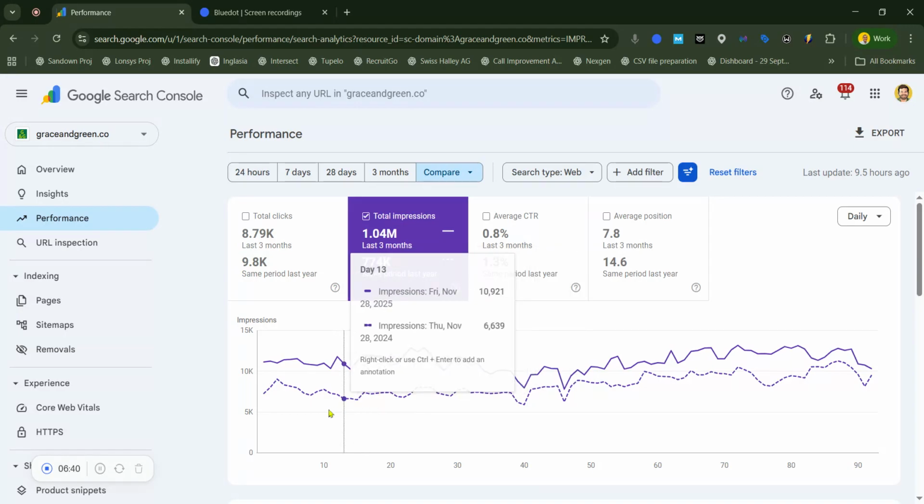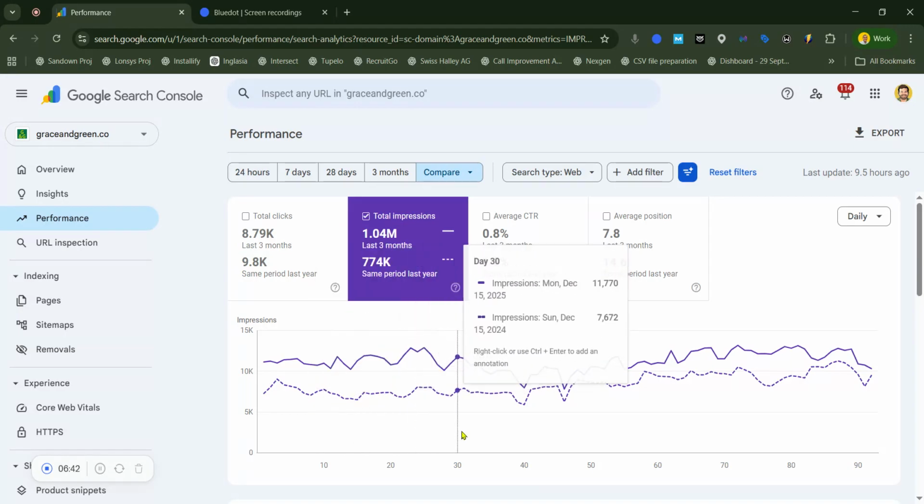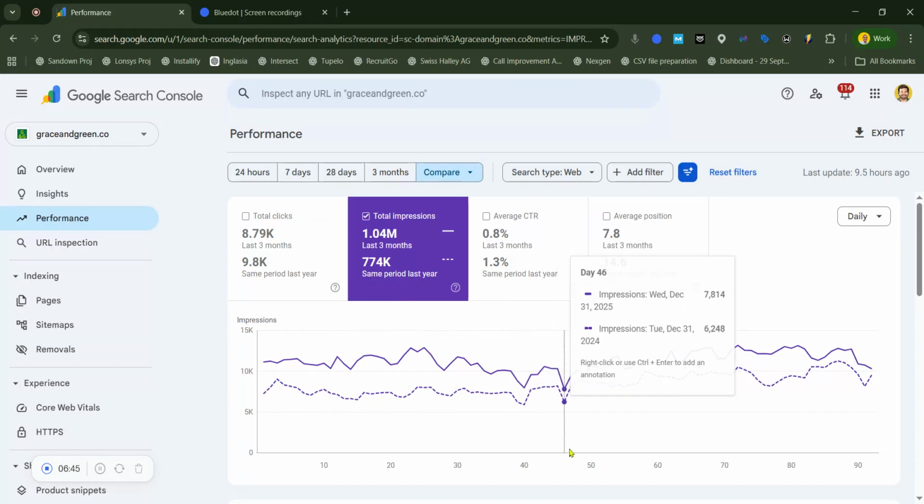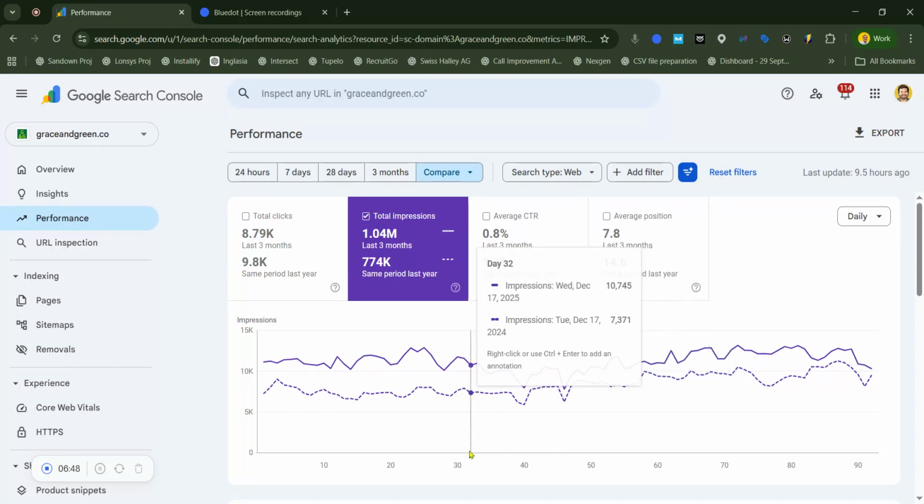But now we have seen evidence that impressions dropped year over year and clicks dropped at the same time. There's another clarification to make here. Just because this year's total impressions and clicks are better than last year's does not mean there weren't relative drops. Your site can improve in terms of SEO, so that in the same period this year you had ten times the impressions of last year.